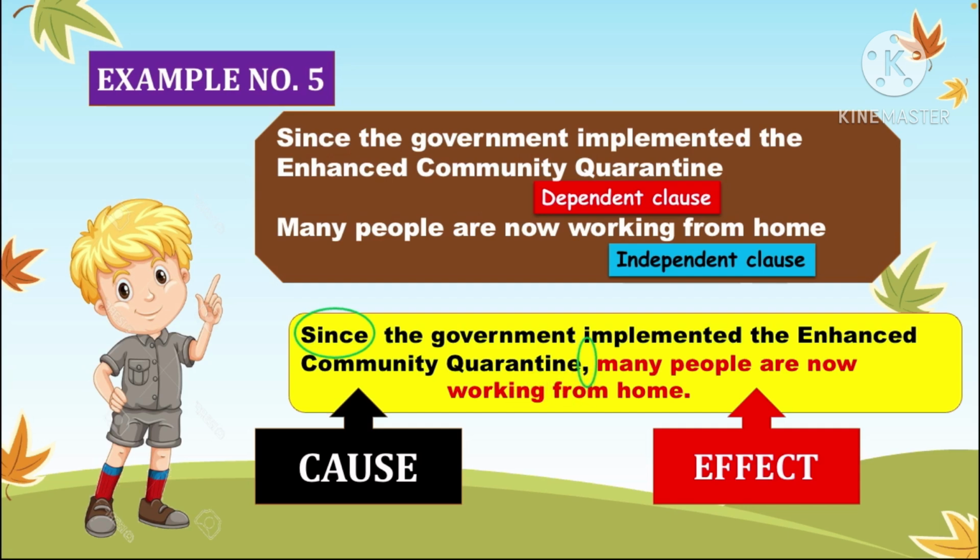Notice and take note, kids, that if the dependent clause comes first, there will be a comma that will separate the two clauses, while if the independent clause comes first, there will be no comma to separate the two clauses, just a period at the end of the sentence.